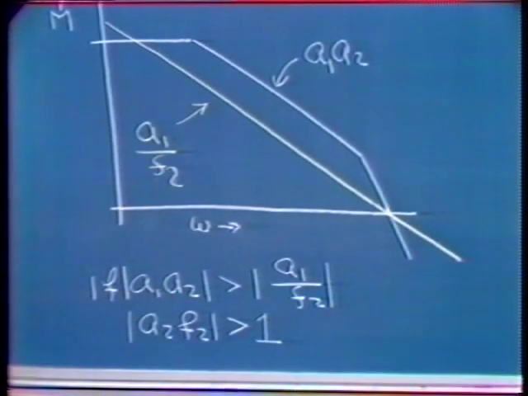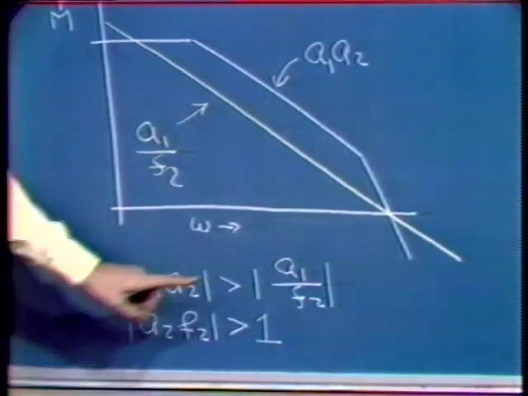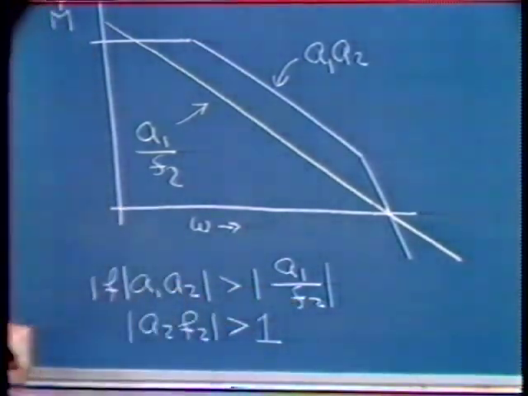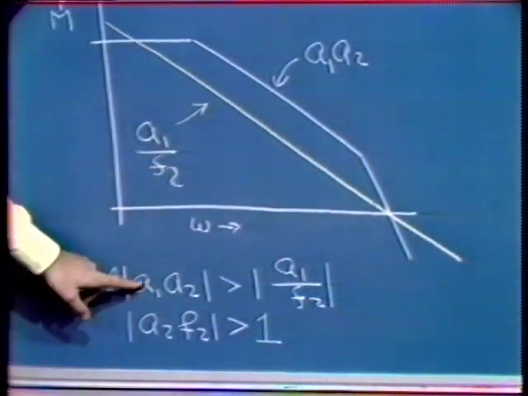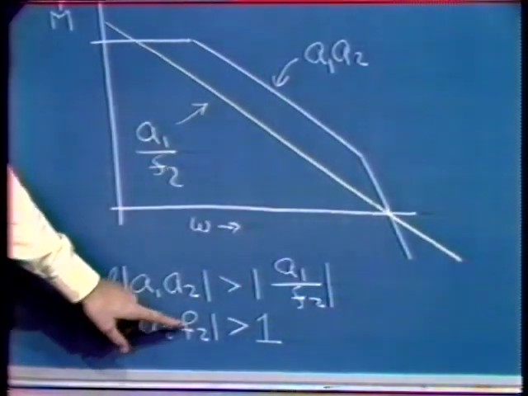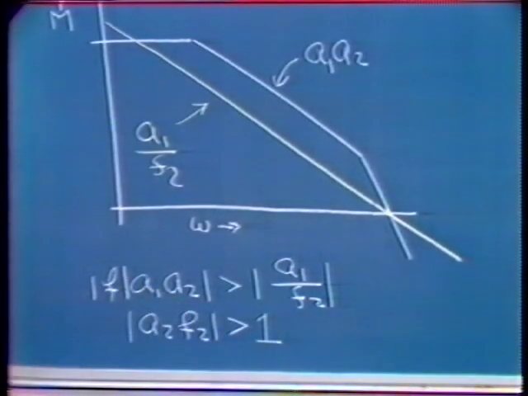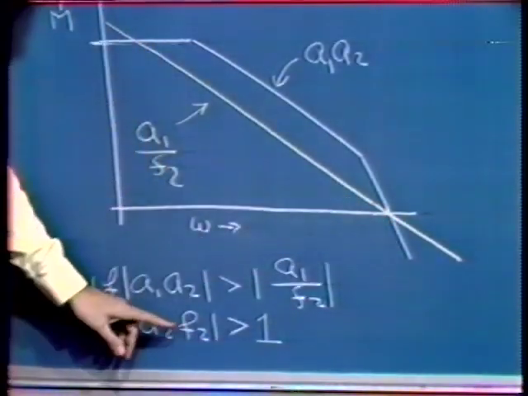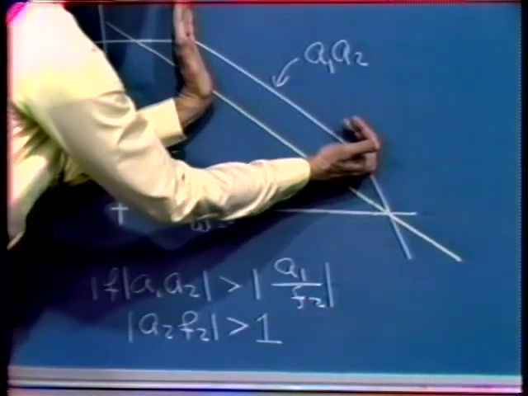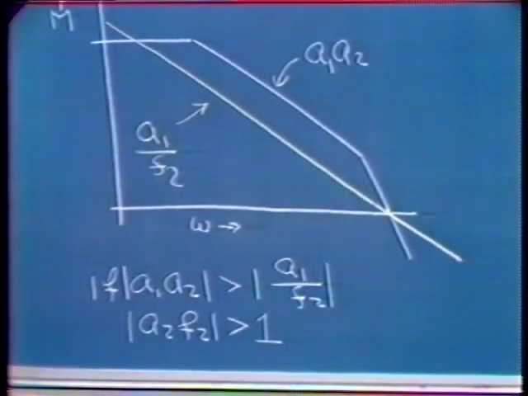If that's true and we simply divide both sides by A1 over F2, we find that over this entire frequency range, the A2, F2 product is large compared to 1, or at least greater than 1 if we consider the entire frequency range. It's certainly much greater than 1, possibly over this frequency range.